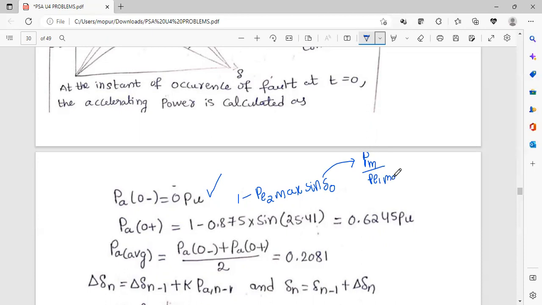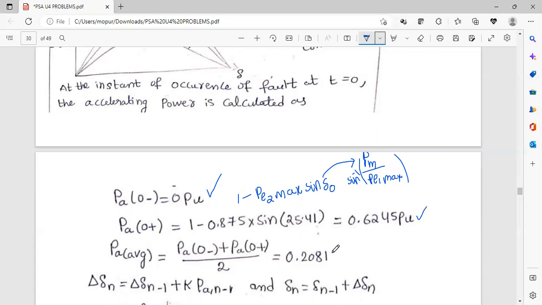From here, the problem starts. You apply sin inverse to this whole term. So now you got PA plus. This is the value of PA plus.